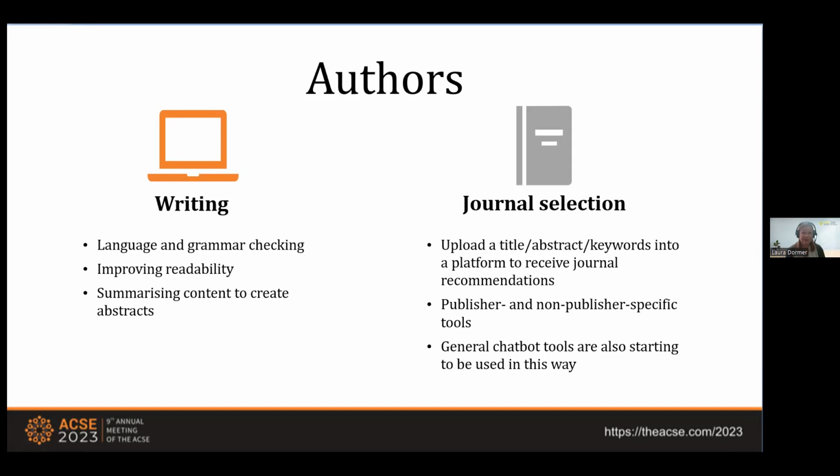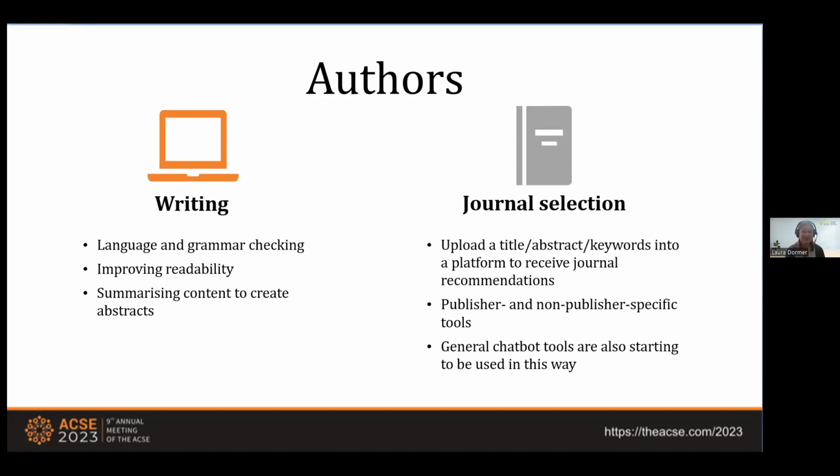Thinking about the writing process, there are many AI tools that are starting to become available, and that have already been available for a while, to assist with language and grammar checking, both for writing more generally and those trained specifically on scholarly articles. There are tools like PaperPal that can help improve the readability of articles. Obviously, as has been discussed at length, we have ChatGPT.